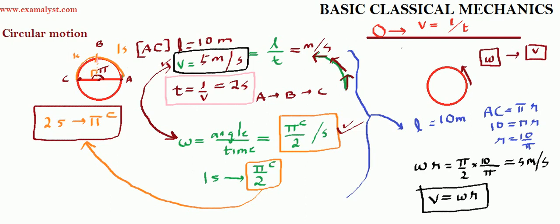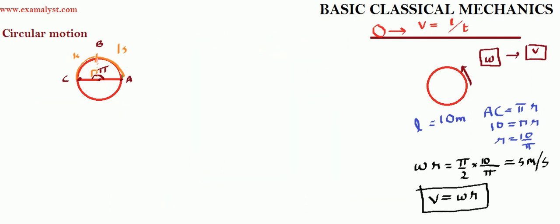To establish the relation between v and omega, let us look at the basic definition of v and omega. V is the amount of length covered along the circle with respect to time. Omega is the amount of angle covered with respect to time.